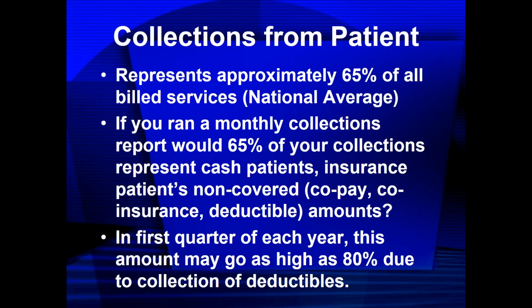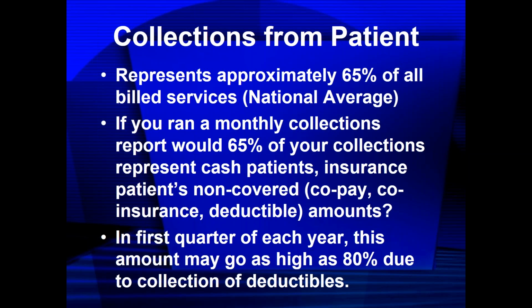So the question is, if you or your doctor ran a monthly collection report, would 65% of all the collections that are coming into your office represent cash patients, and insurance patients' non-covered amounts, in other words, cash?